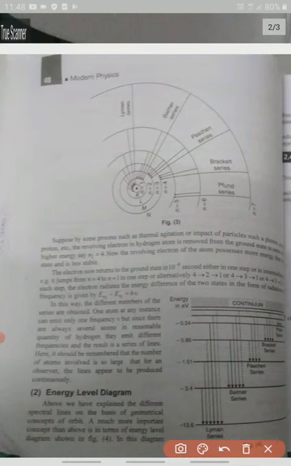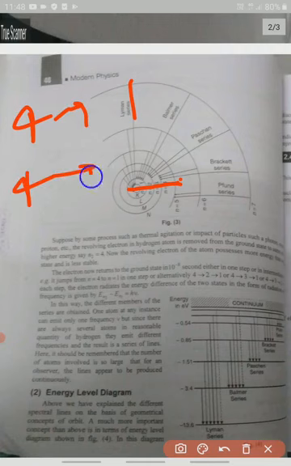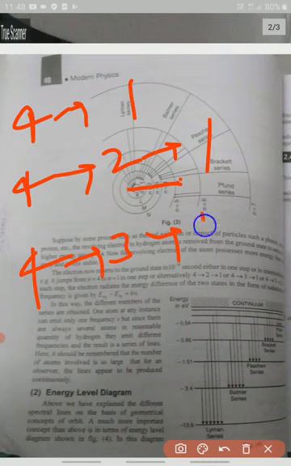If you take n equal to 4, electrons move either directly from the fourth state to the first state, or from the fourth state to the second state to the first state, or in other ways.